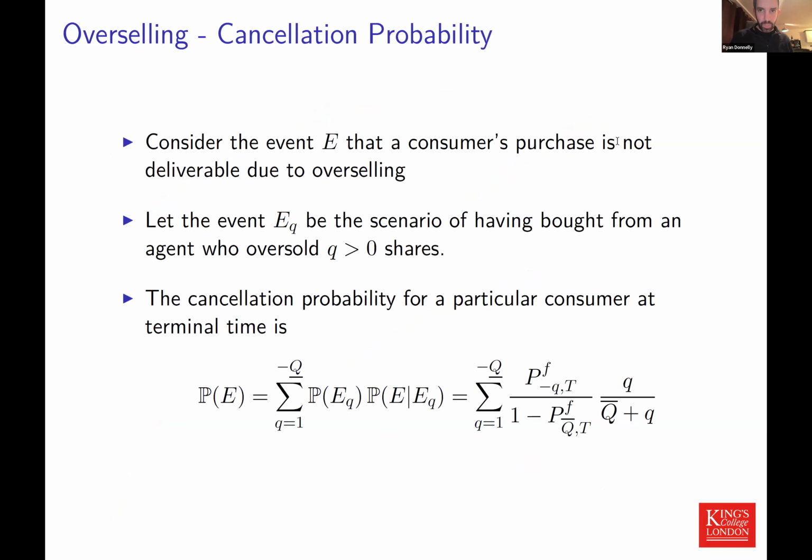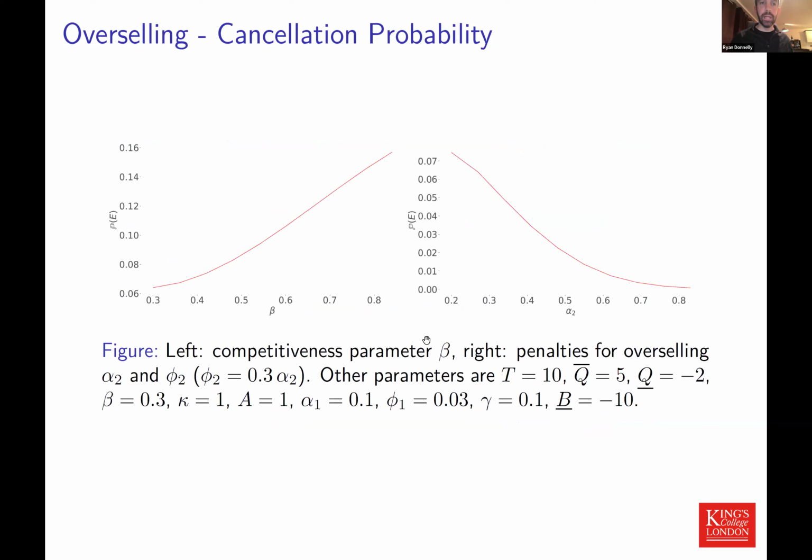For example, what is the probability that you as an individual are a victim of overselling? Or what is the probability that you show up to your airport or hotel and find that you've been overbooked? We can write down an expression which represents the probability that you are one of these unlucky individuals. And we can investigate what this looks like as a function of the competitiveness parameter, beta, or as a function of one of these overselling penalty parameters, alpha.